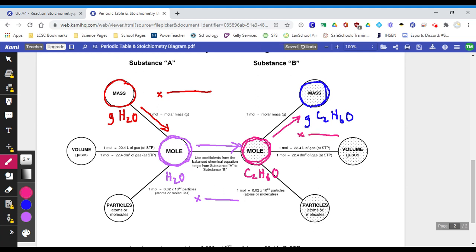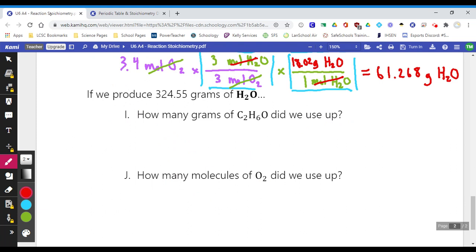My stoichiometry diagram has some hints along the way. I'm going to be one with moles. When I'm changing between grams and moles, I'm using the periodic table to figure out the molar mass. And to go from moles of one thing to moles of another, I'm using the coefficients from the reaction equation. It's the only time I can't be one with moles. So, with our course charted out, let's try it.